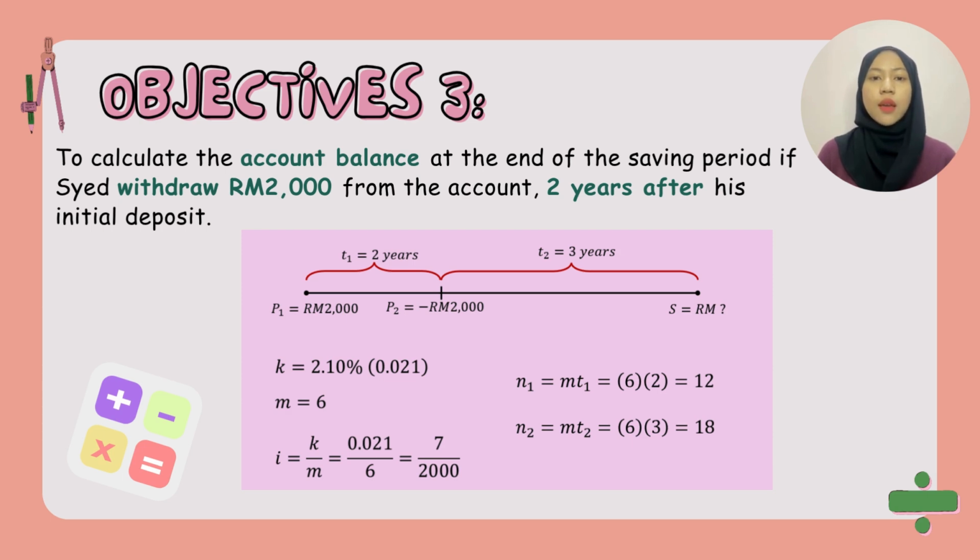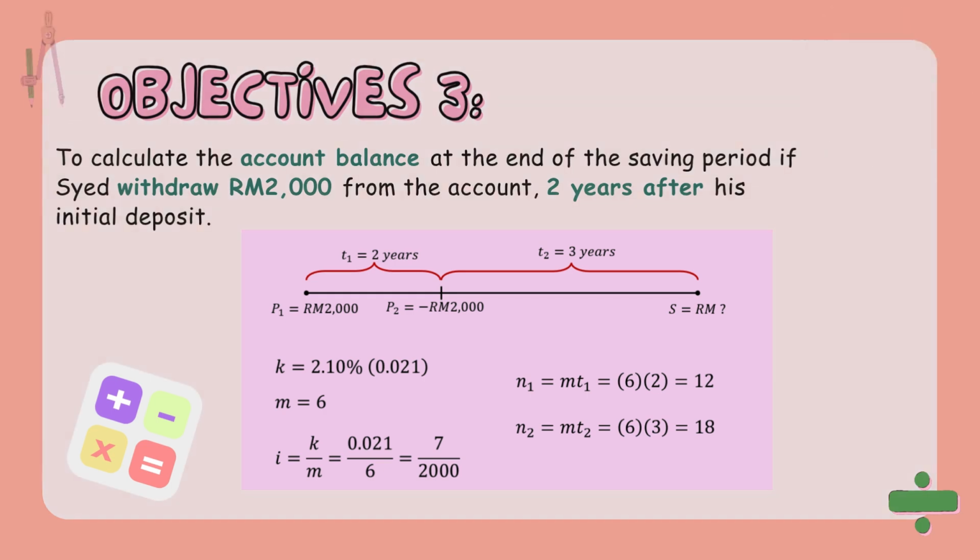M equals 6. i equals K divided by M, which equals 0.021 divided by 6, equals 7 over 2000. P1 equals 2000 and N1 equals M1 multiplied by T1, equals 6 multiplied by 2, T1 equals 2 years. P2 equals the withdrawal of 2000, N2 equals M2 multiplied by T2, equals 6 multiplied by 3, equals 18, T2 equals 3 years.